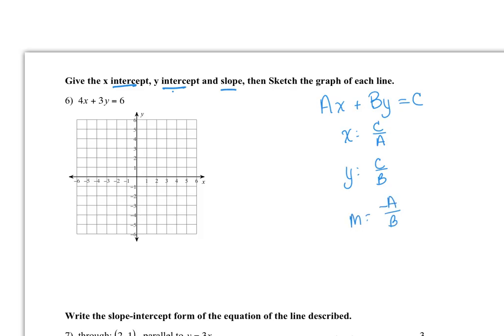And so you can jump right to your x-intercept, 6 over 4. We'll reduce that, of course. Y-intercept, we would say 6 over 3, and of course, reduce that. And then my slope, we would say negative a over b.